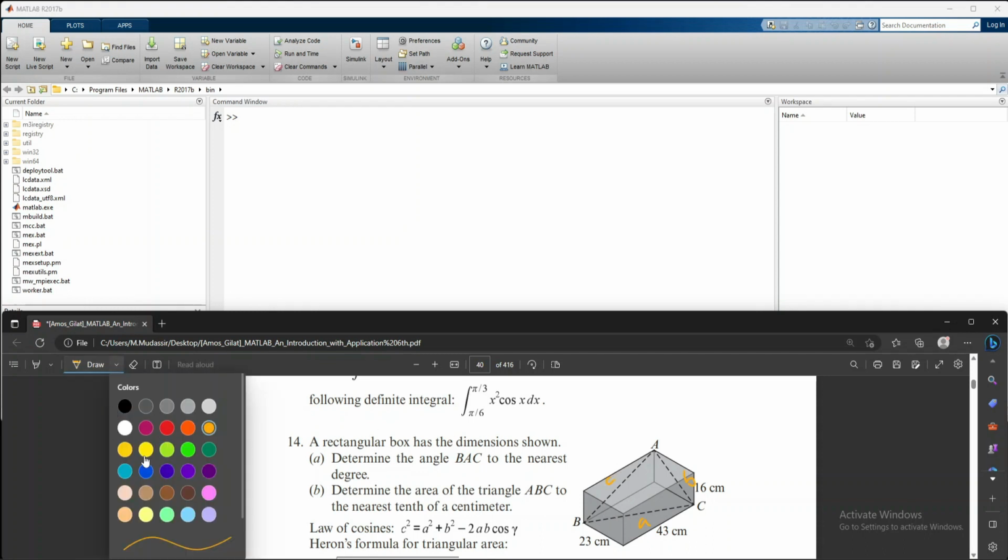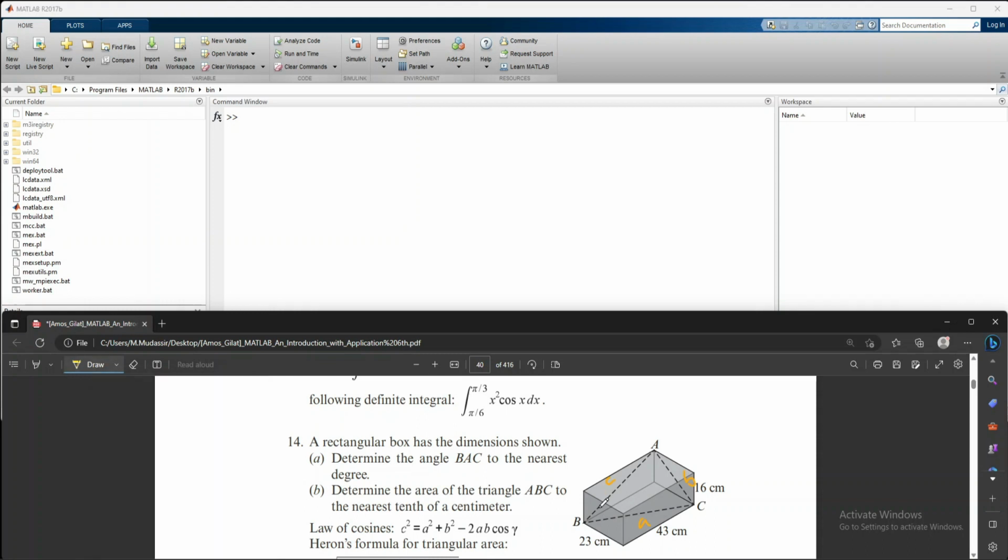And let the angles be beta here, alpha here, and in C there is gamma. So first we have to find a, b and c, the lengths of the sides, then we will find alpha, beta and gamma.